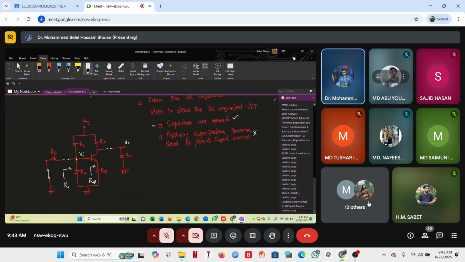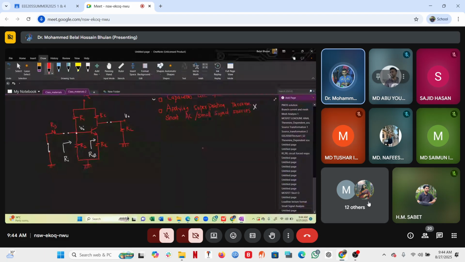Now what happens? You see, this part and this part of the circuit are already disconnected from the middle part. So for VCC, what are the things that we have got? R1, R2, RC, and RE, and we have got a voltage divider network. And we already learned how to solve it.